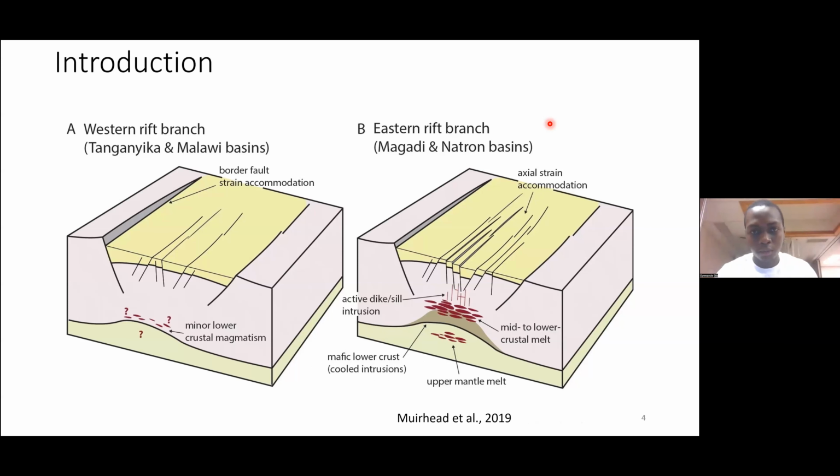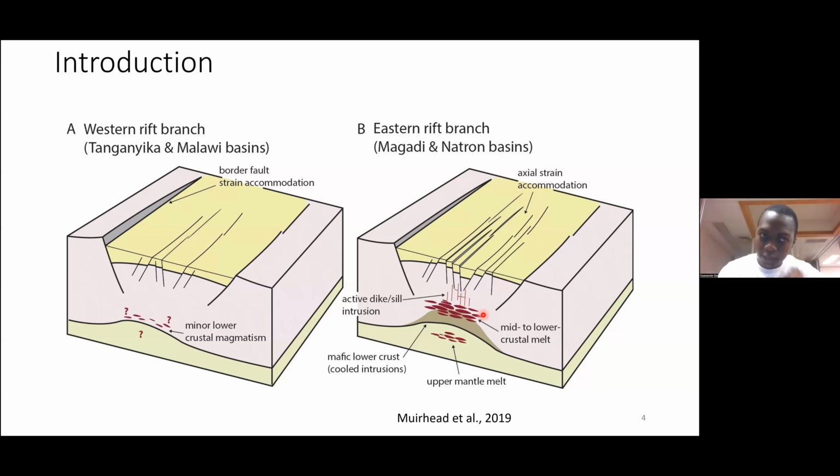Just like what I will be showing today, this shows the difference between the western branch of the East African rift system and the eastern branch. The western branch is believed to be magma poor, and the eastern branch of the East African rift system is assisted by magma intrusions. So all these, when you take them into account, affect the kind of fault growth patterns that we see.